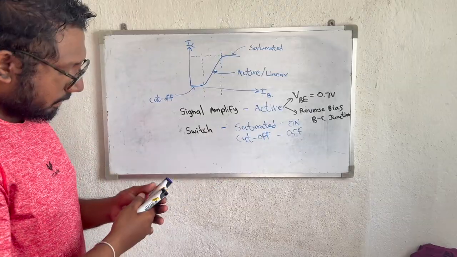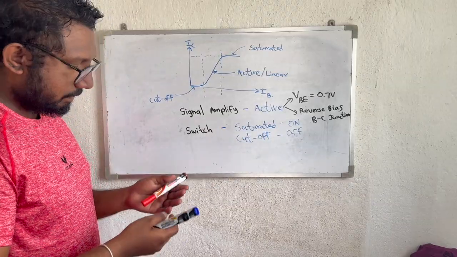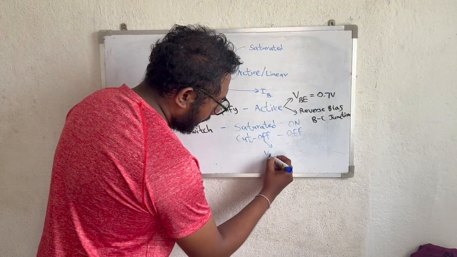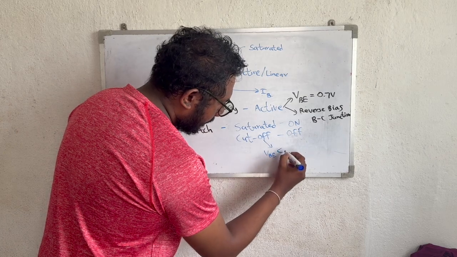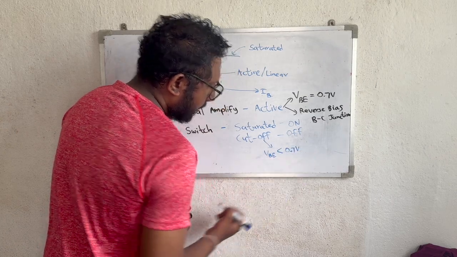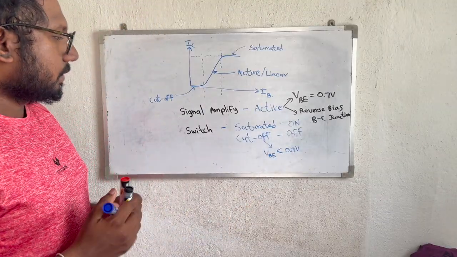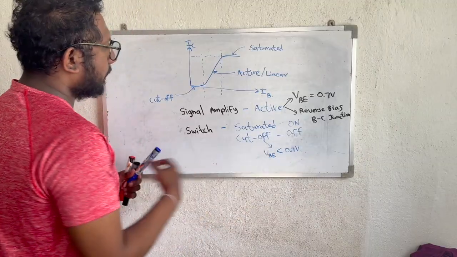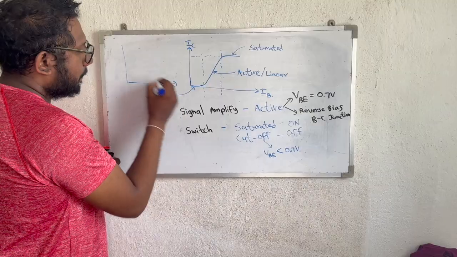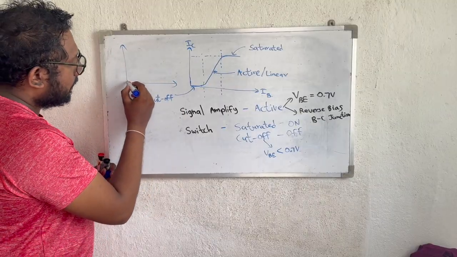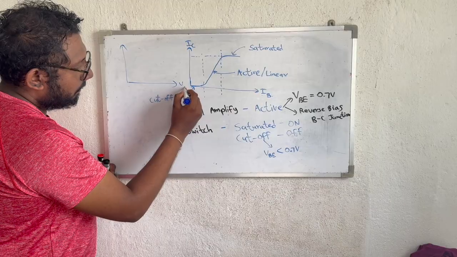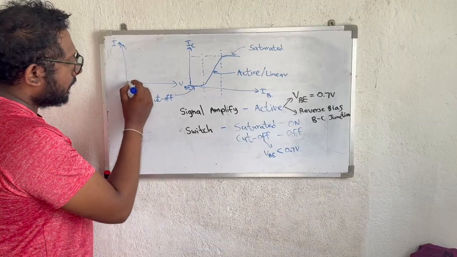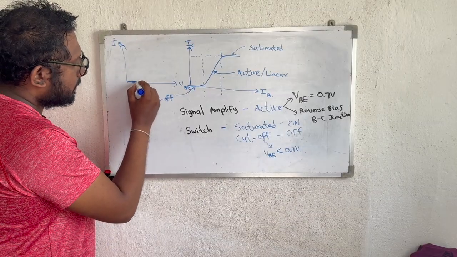For the saturated and cutoff regions, for the cutoff region, if we supply a VBE value smaller than 0.7, it will automatically go to the cutoff region. In the input characteristic, it shows how the IB current varies with the voltage. So the curve is like this.